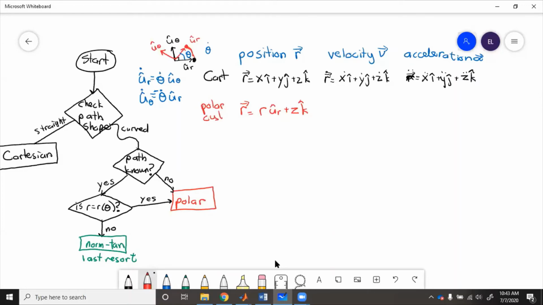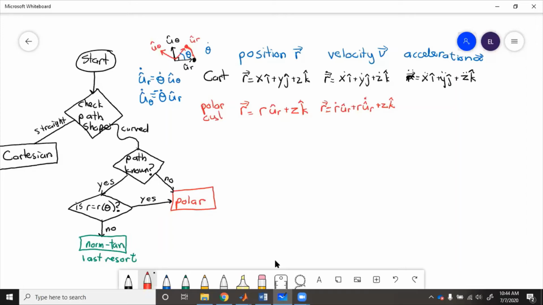So for the velocity, we take derivatives, r dot, we've got to use chain rule. So r dot ur plus r ur dot, and then plus the k hat. The z doesn't change. So now you see here, but ur dot is not a unit vector.